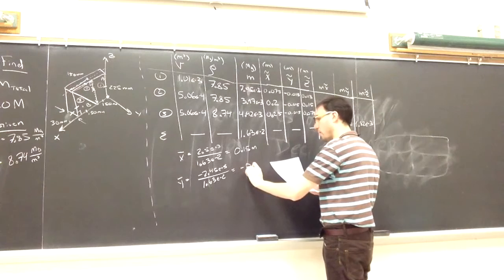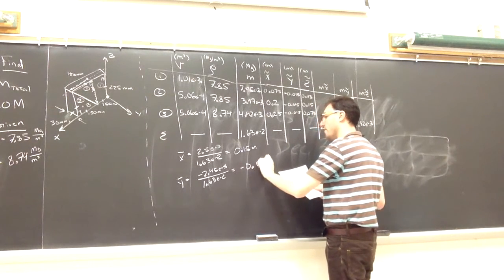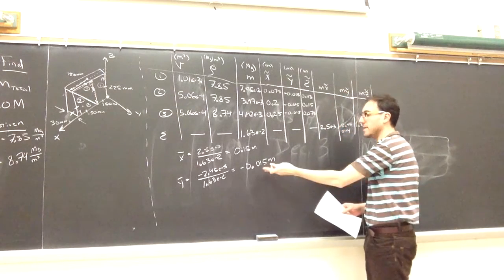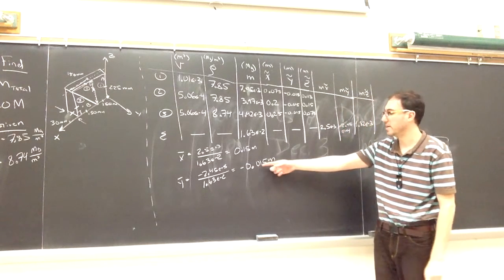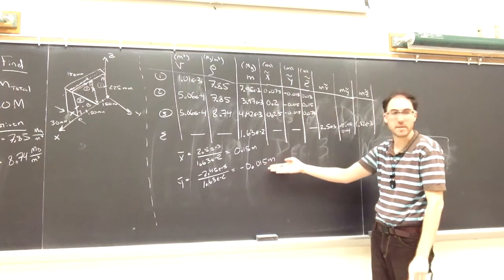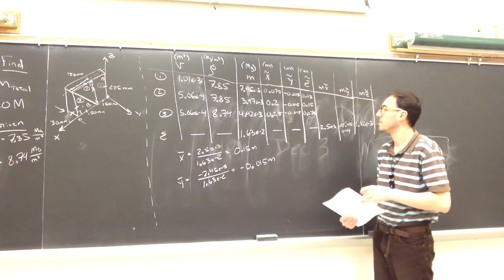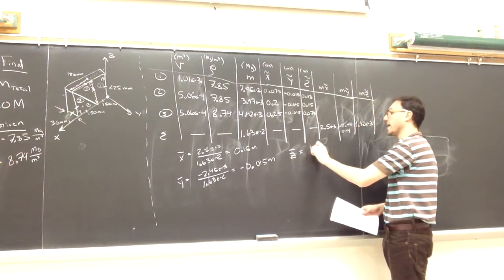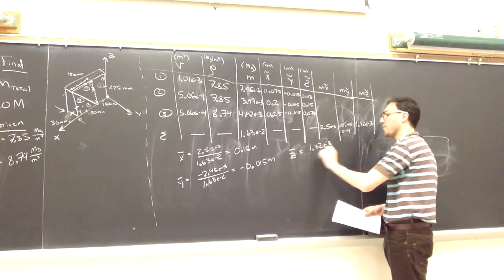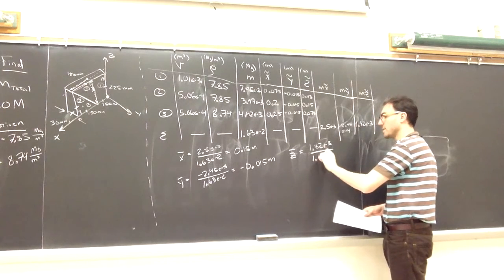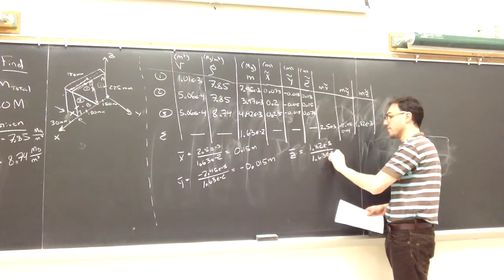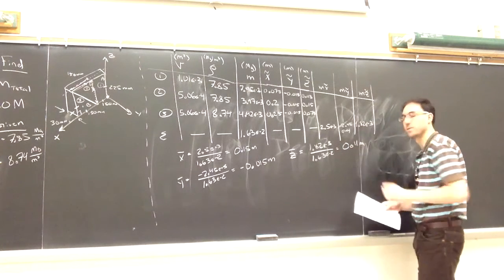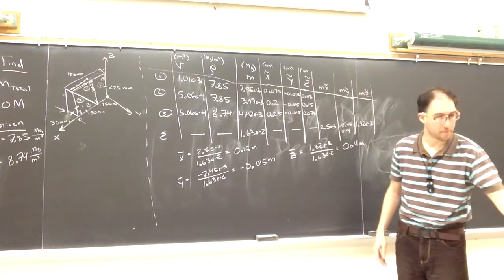Now I get negative 0.015 meters. And since that was the centroid for each of my shapes, then that should be the centroid for the entire shape also. And then for z bar, 1.82 times 10 to the negative 3 over that total mass of 1.63 times 10 to the negative 2, I get about 0.11 meters as its value.